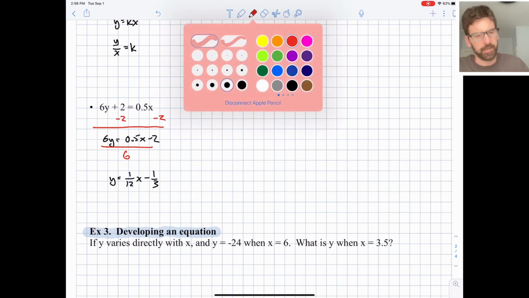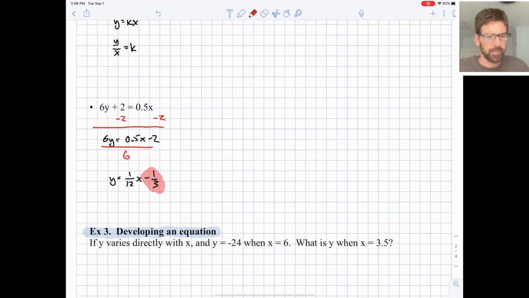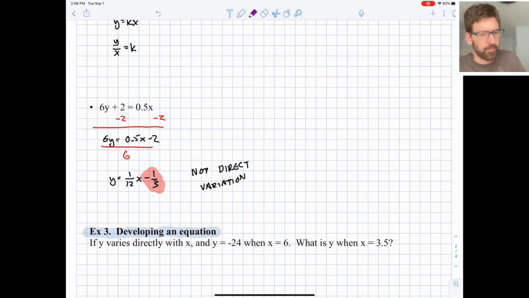Due to the fact that we have this additional y-intercept, this additional 1/3 that's being subtracted, that tells us we are looking at a non-example of direct variation. This is not direct variation. If it was just y equals 1/12 x, then it would be, but it's not.